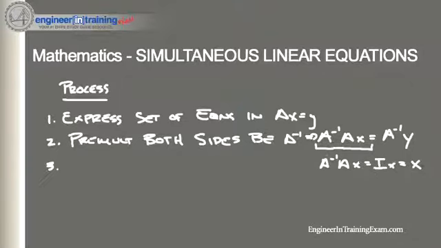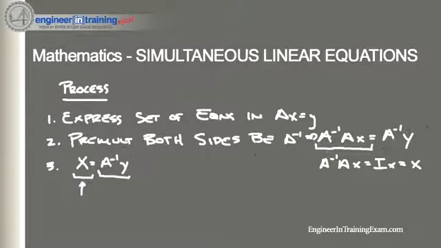We're going to get a new matrix after we carry out this operation. X is equal to the inverse matrix of A times Y. And once we do this operation right here, we will get a single column vector matrix with all of our values in this single column X right here.